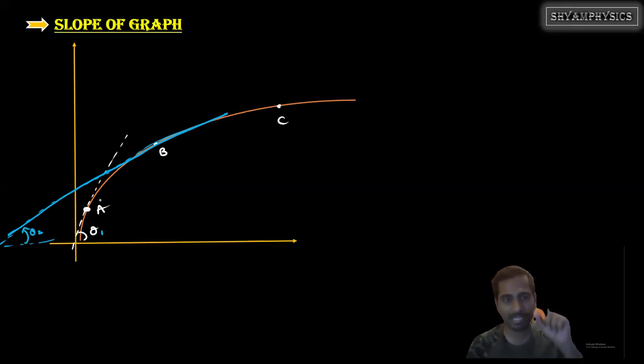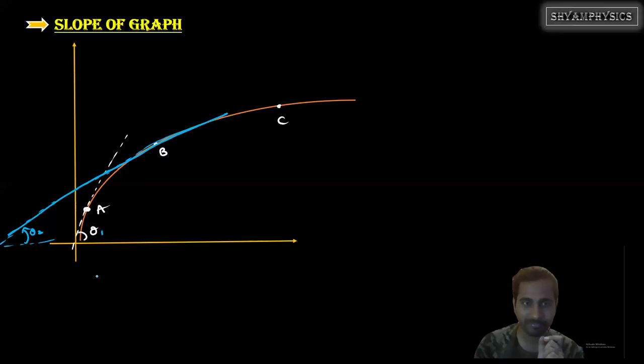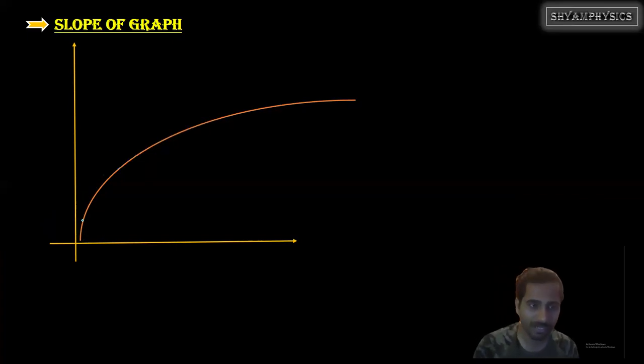Now tell me one thing. At point A it is theta 1, at point B it is theta 2. Which is the greater angle here? Look carefully. We'll draw one more time. I will take this as point A. For this point A, if I want to draw a tangent, I will draw a tangent like this.